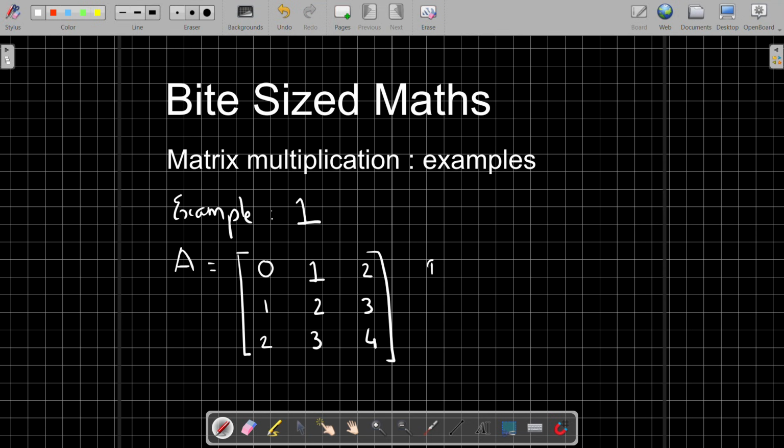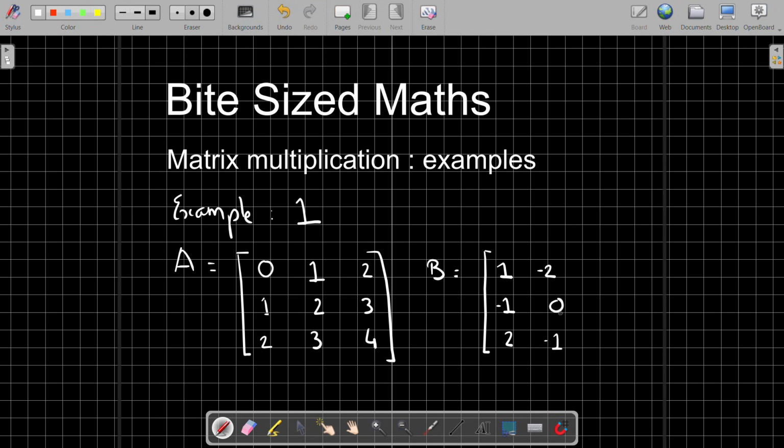And matrix B is 1, minus 2, minus 1, 0, 2, and minus 1.